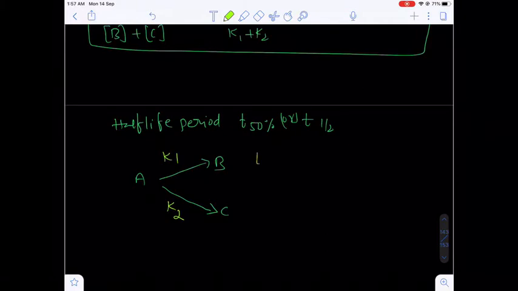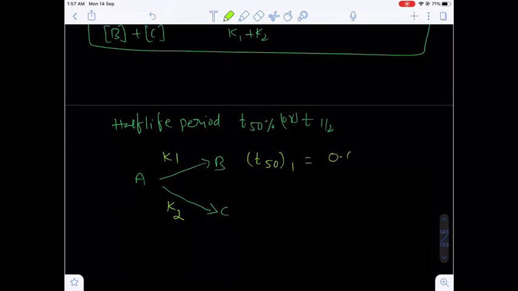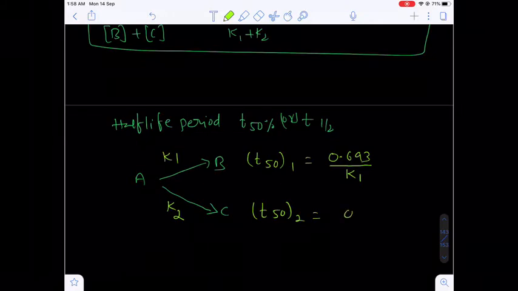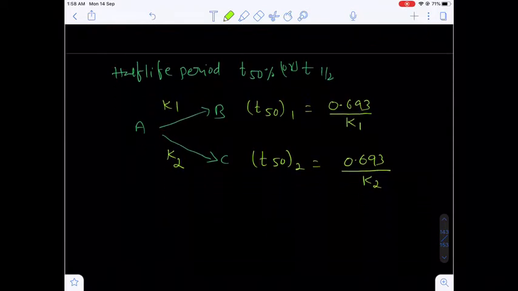In the first path, what will be the T50? Let's suppose T50 for the first path will be equal to, according to first order kinetics, T50 or T1/2 equals 0.693, that is ln 2, natural logarithm 2, divided by the rate constant K1. Now in the second path, what will be the half-life period? 0.693 by K2.